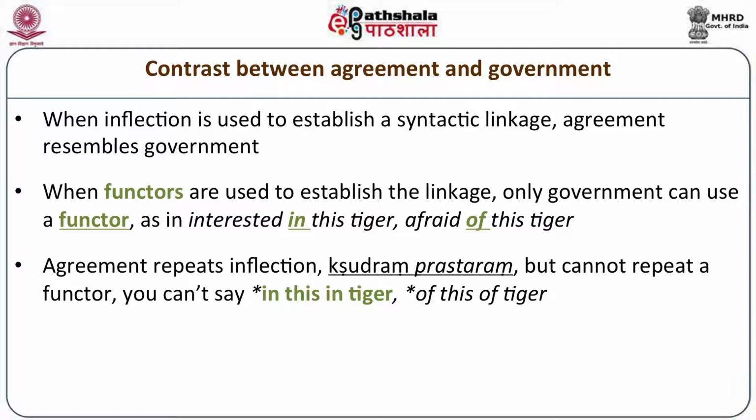In other words, instead of go to the brown house, you never find somebody saying, go to the to brown to house, which would involve to being attached to every single word because you want it to be repeated over the entire phrase. Nobody ever does that. No language ever does that. Instead of from the spectacular tiger, you never say from spectacular from tiger. Agreement never forces a functor to be repeated. A government sometimes imposes a functor.